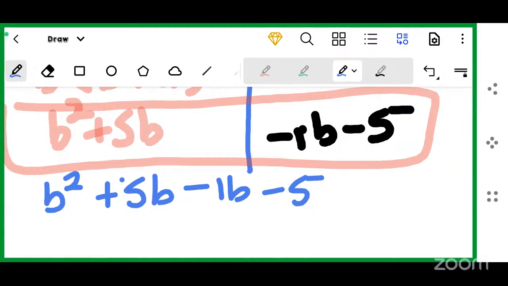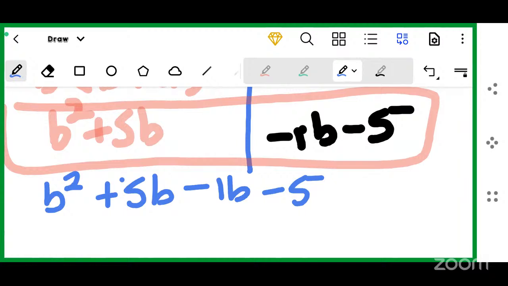Yes, ma'am. Each one of you tell me the like term you see. Just one. Ma'am, I see positive 5b and negative 1b. Okay, no problem.